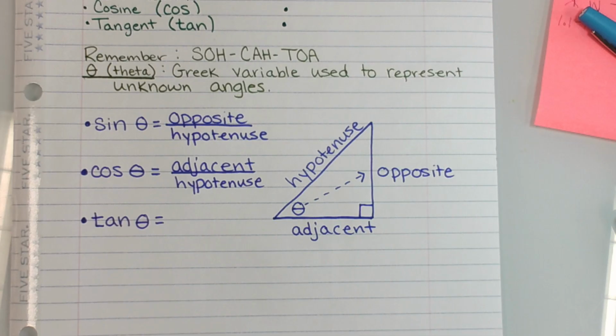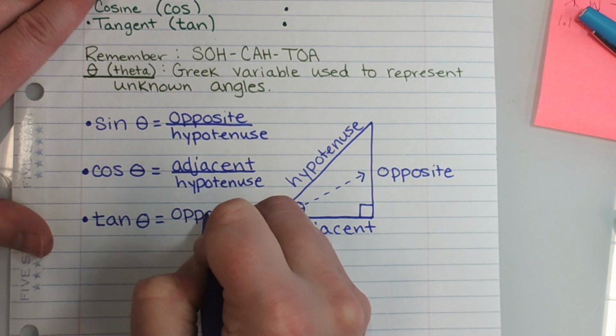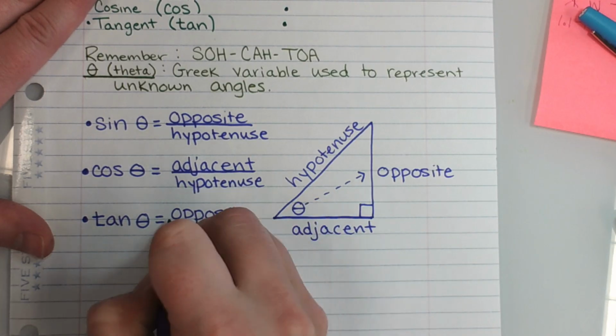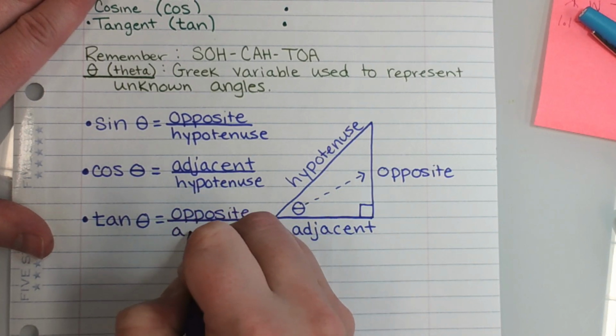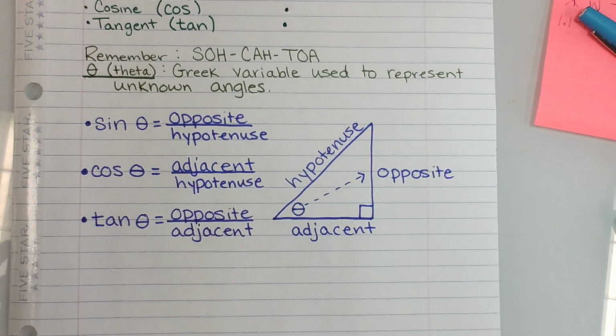That's the TOA piece, T-O-A. O tells us it is opposite, getting divided by A, adjacent. These are the three main trig ratios, but as I have stated already multiple times in this class, they're not the only ones.